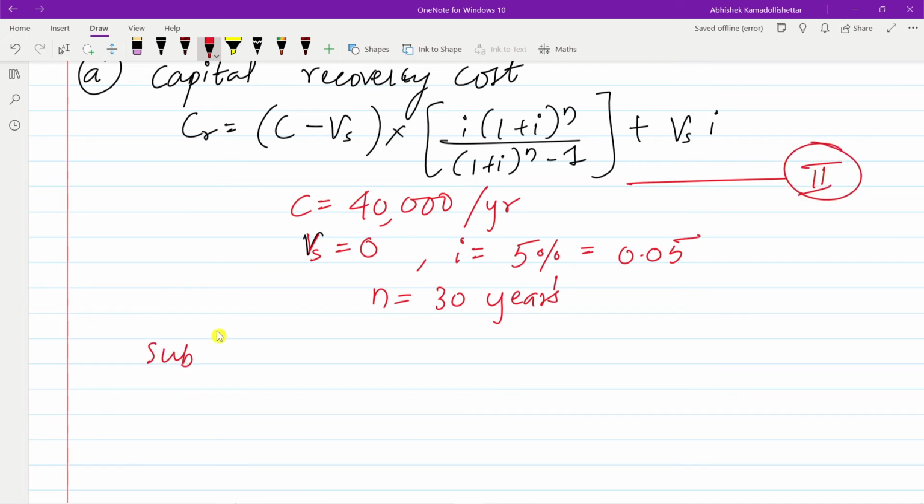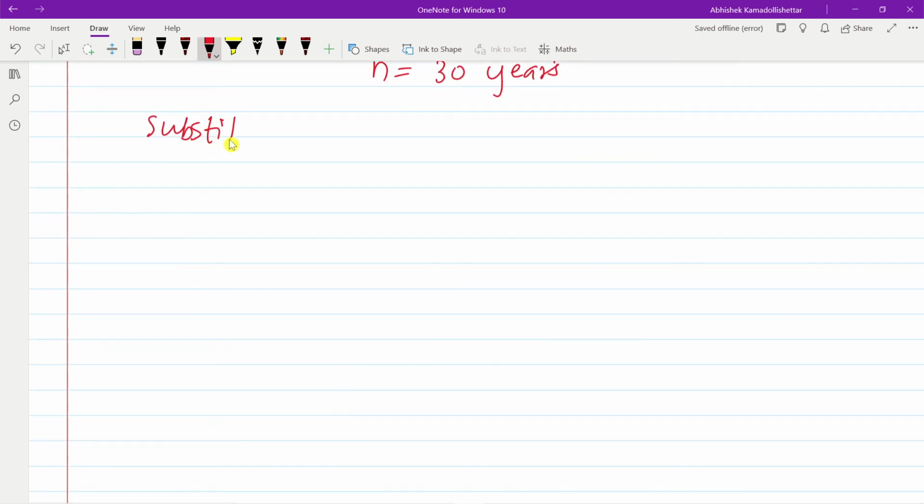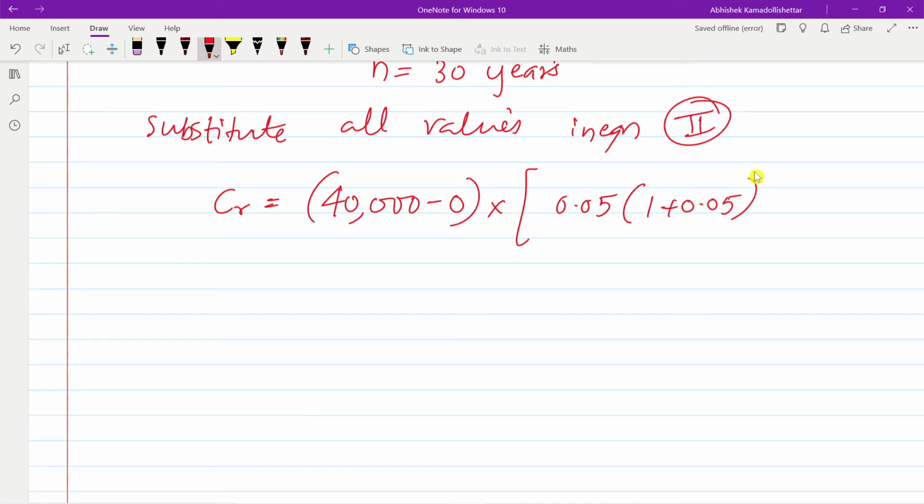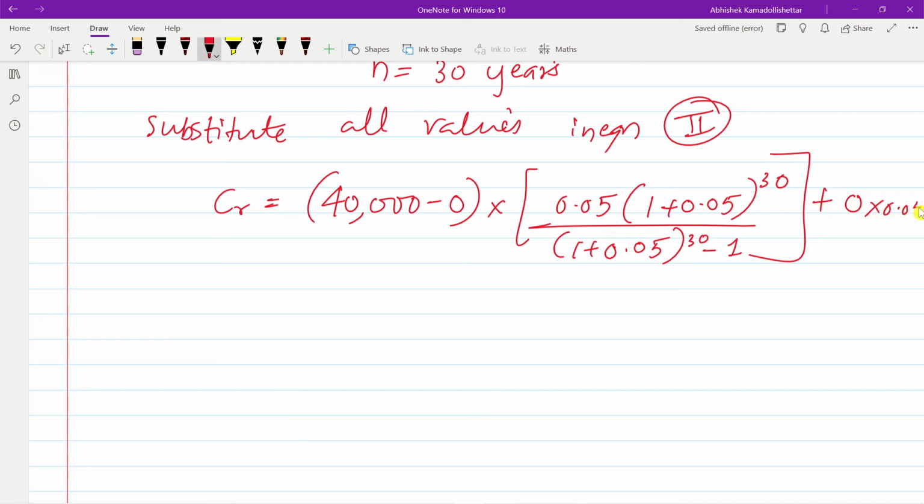So capital recovery would be 40,000 minus 0 into I, 0.05 into (1 plus 0.05) raised to 30 divided by (1 plus 0.05) raised to 30 minus 1, plus Vs, which is 0, into I, 0.05.